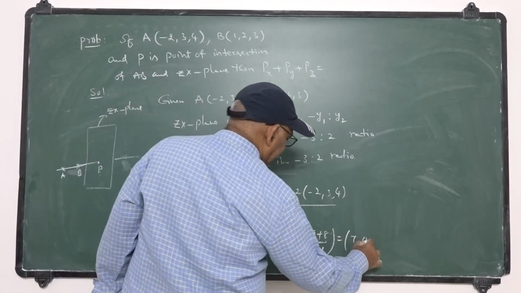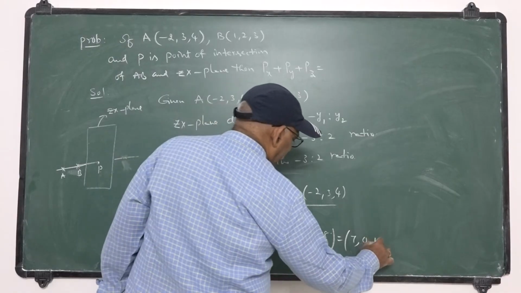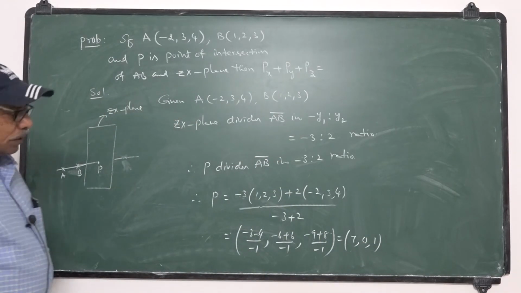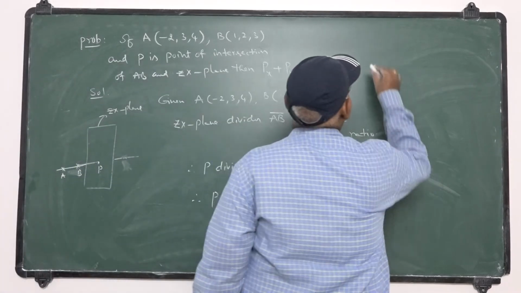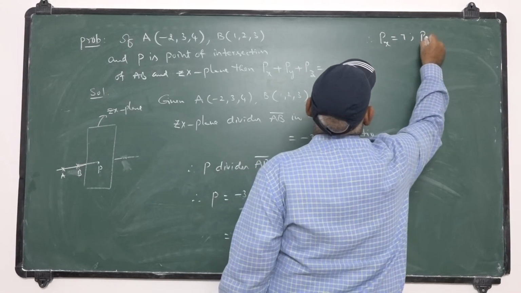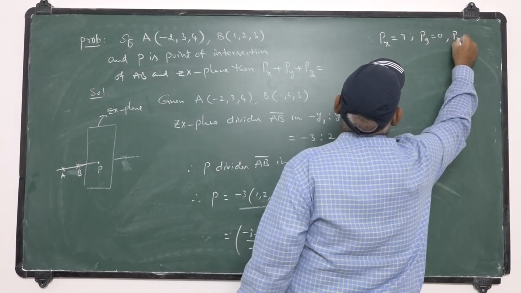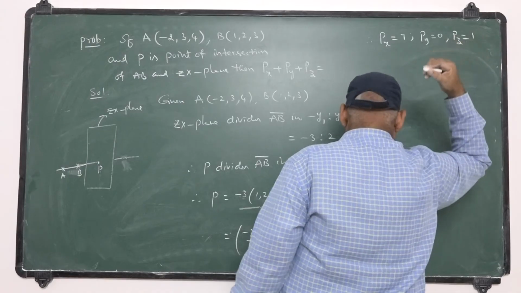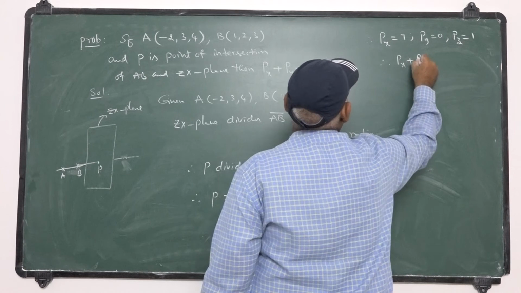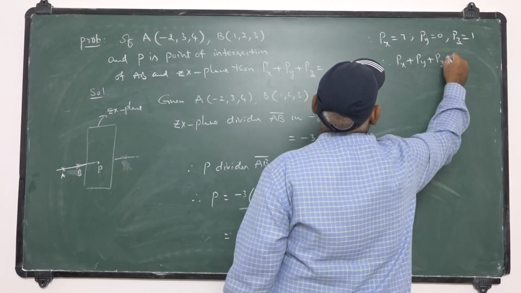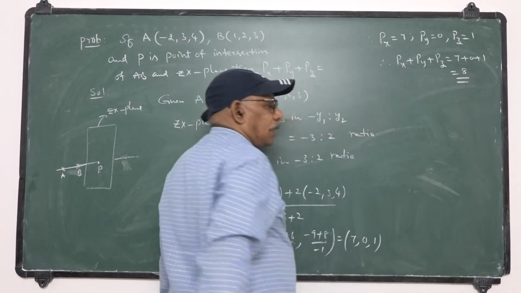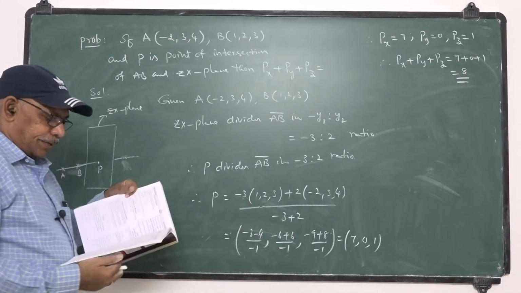This is 0 clearly and this is 1. So that is the point P. Once the point P is known to us, Px is 7, Py is 0, Pz is 1. Hence Px plus Py plus Pz is 7 plus 0 plus 1, which is 8. The required value is 8.